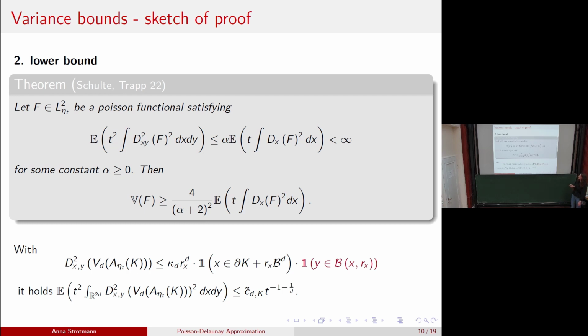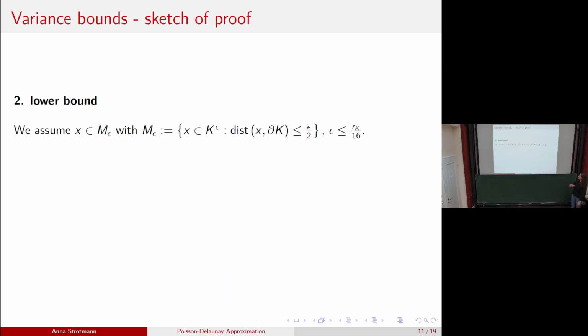Okay, next we need a lower bound for the right-hand side of this condition, and since we already know that the difference operator is equal to 0 when the distance of the point x and the boundary of k is too large, we restrict our considerations to some small area near the boundary of k. And therefore, we assume that our point x we want to add lies in some set m epsilon.